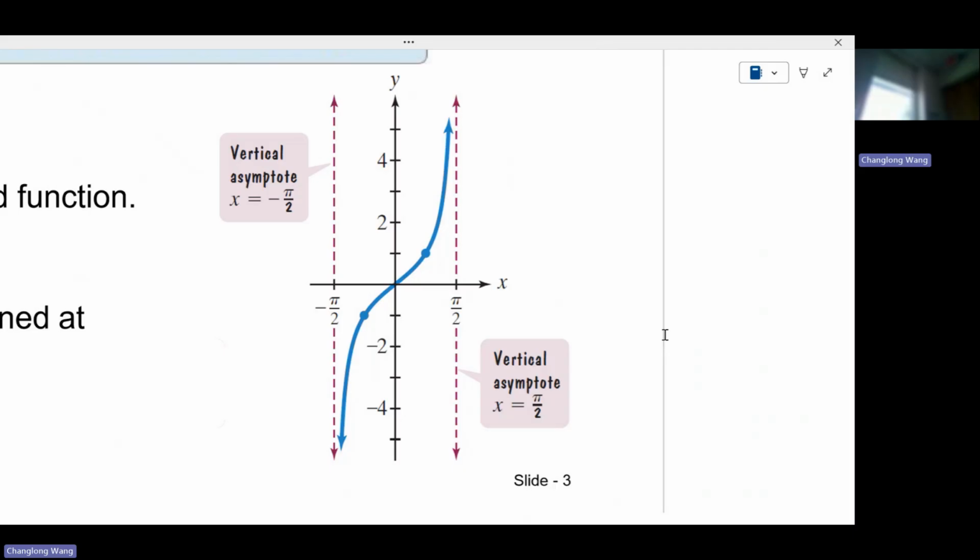Is there a way to understand why the function has a VA? Vertical asymptote means that if you take the input for the tangent as close to pi over 2, the function will grow as high as it can, and it doesn't even have a boundary.